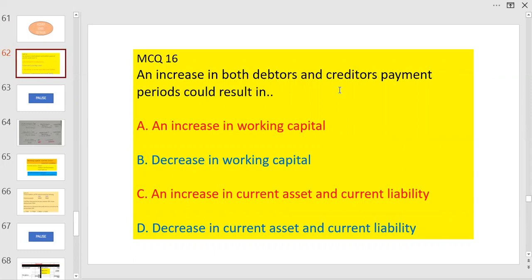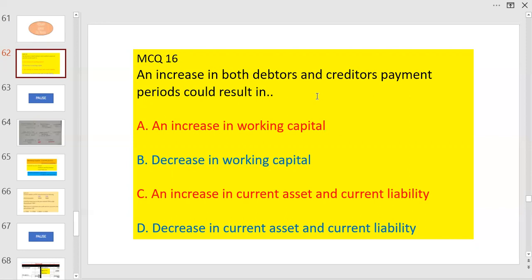One is creditors payment period and the other is debtors payment period. What is this payment period? When you buy on credit or when you sell on credit, at the end of the year, some amount will remain outstanding. We are going to work out how many days that outstanding represents.